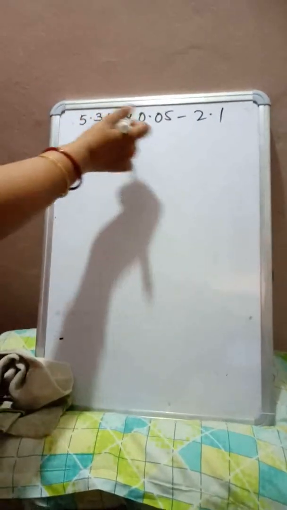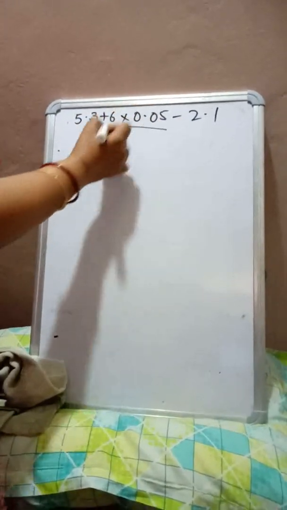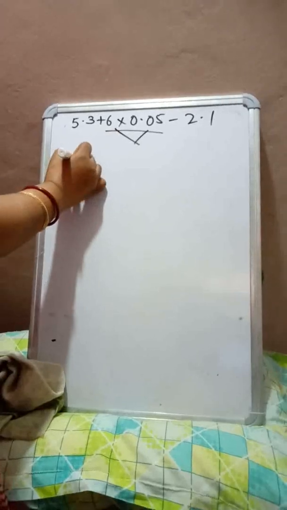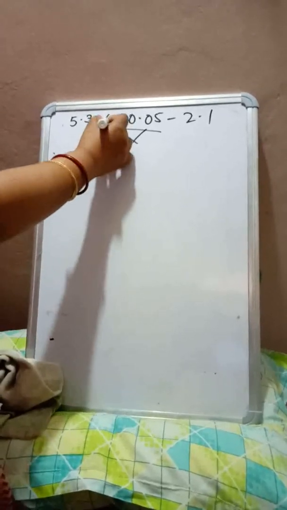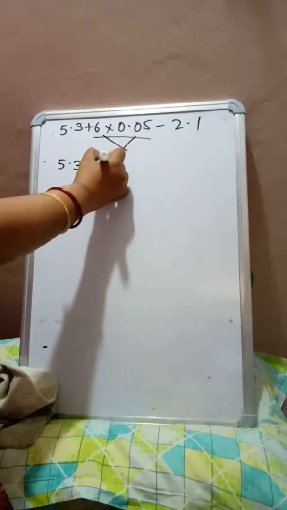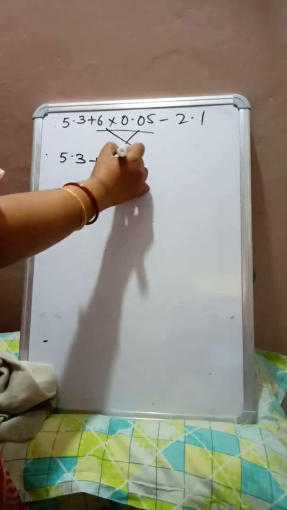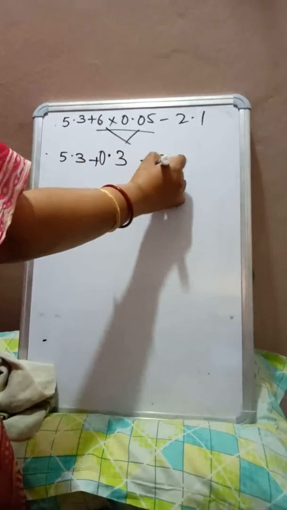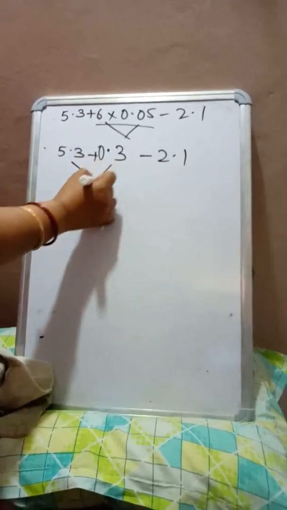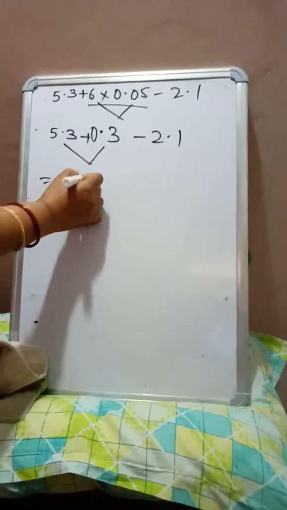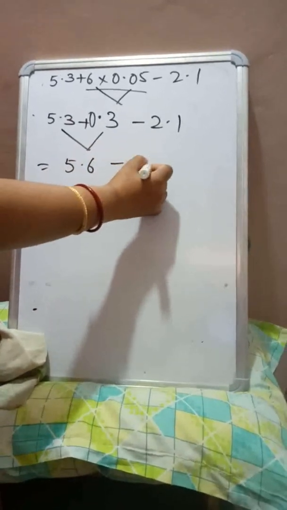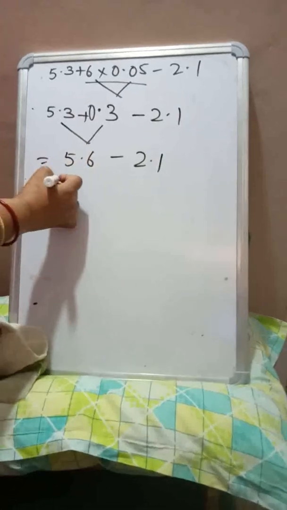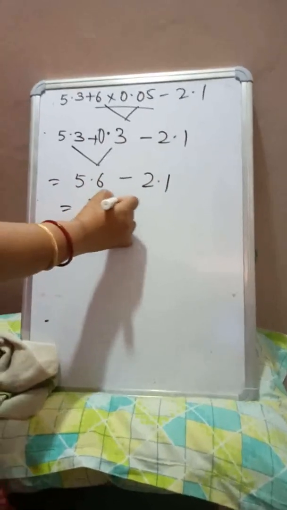Right? Here firstly we do the multiplication. 6 into 0.05 is 0.3. So 5.3 plus 0.3, now we will do addition, it is 5.6. Now write down minus 2.1. After subtraction it is 3.5.